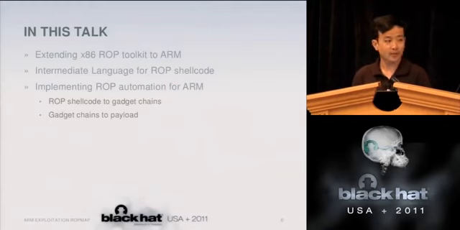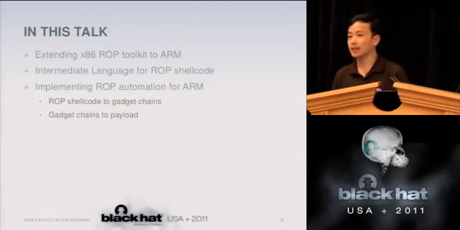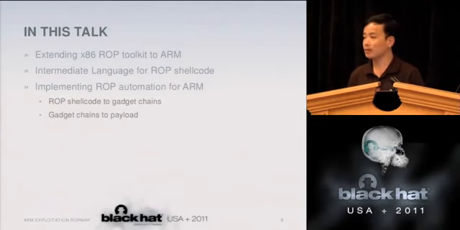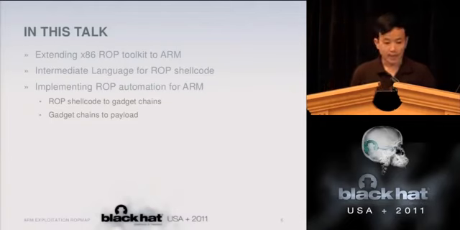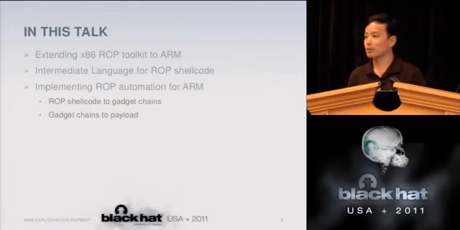First is how to extend an available x86 ROP toolkit to support ARM architecture. Second, we will present an intermediate language for ROP shellcode writing. So you now have an easy way to write ROP shellcode and convert it to the payload automatically.